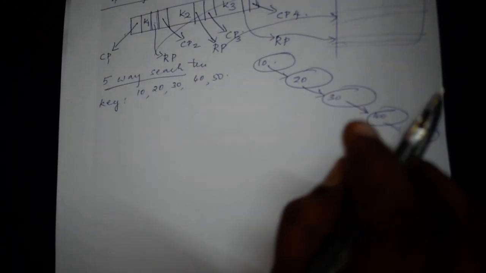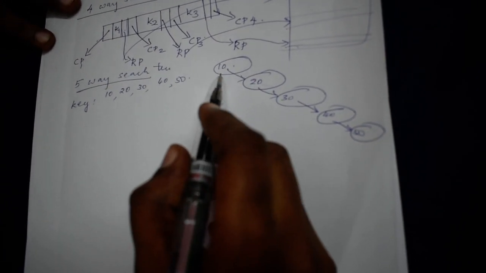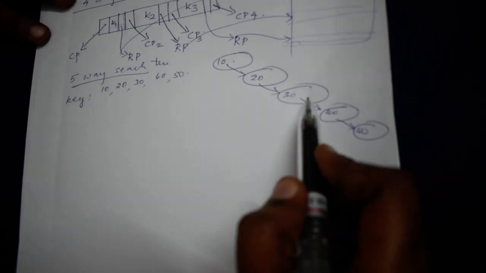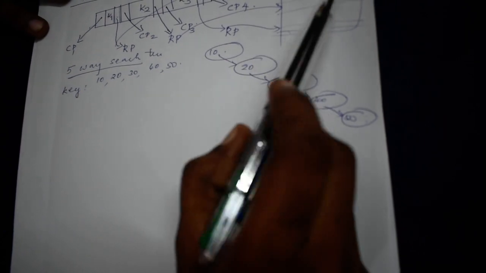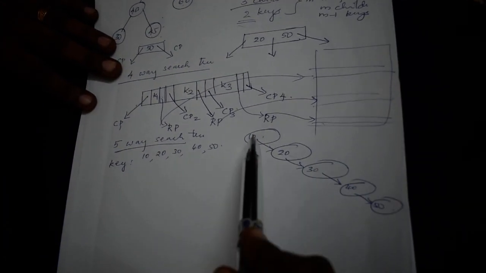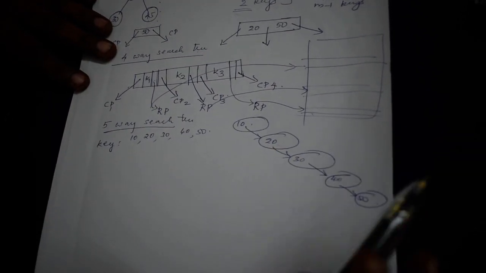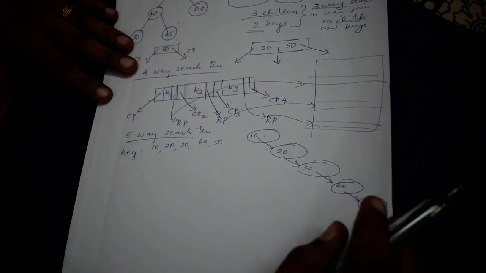This is ultimately a wastage of space. Suppose I want to search in this index, I have to search for 10, then 20, then 30, like that. A linear search I am performing. That means the entire database searching process itself I am doing here. So it is a wastage. There is no rule for inserting key values into an M-way search tree.